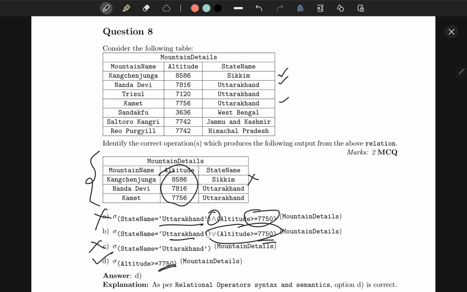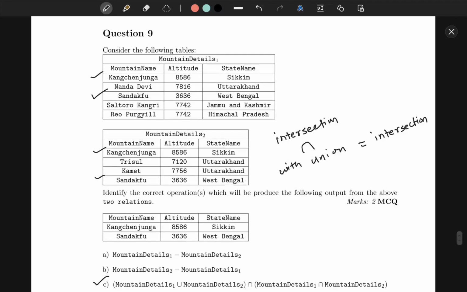In the second option it says OR, but then in the original table there is a tuple that satisfies this B condition, but it is not seen in the result, hence this cannot be the option. C was already ruled out, so D has to be the correct answer. And you can already see that all the altitudes are greater than 7750.